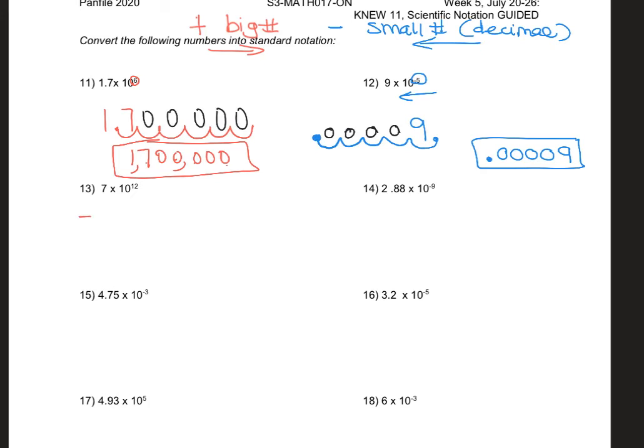All right, so I have 7 point, and then I'm moving it 12 to the right. Notice again where the decimal is. The decimal always goes after your number if it's not there. And then I'm moving 12 to the right. 1, 2, 3, 4, 5, 6, 7, 8, 9, 10, 11, 12.